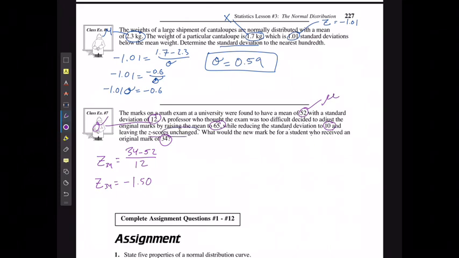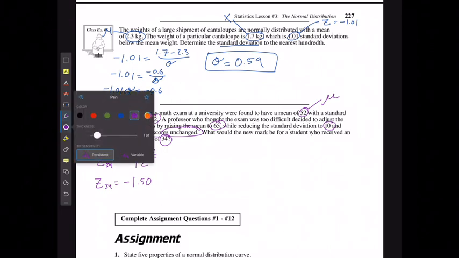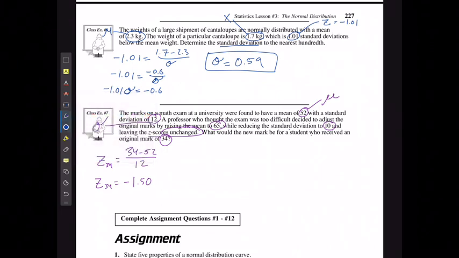Now it says that he wants to change the mean and the standard deviation but keep the z-score the same. So I can say that the z-score is going to be the same, negative 1.50. The mu is going to become 65, and sigma is going to become 10, and I want to see what his new mark would be.